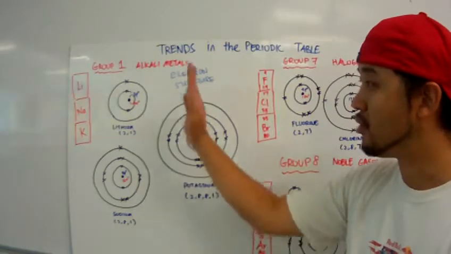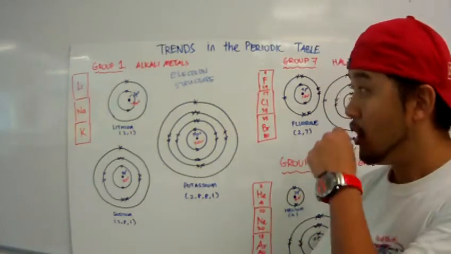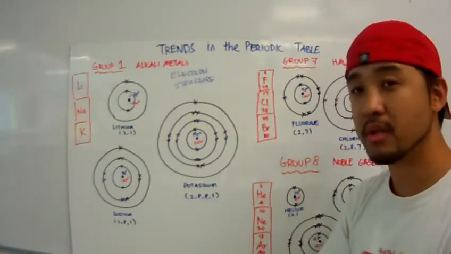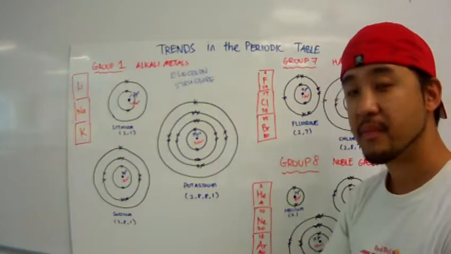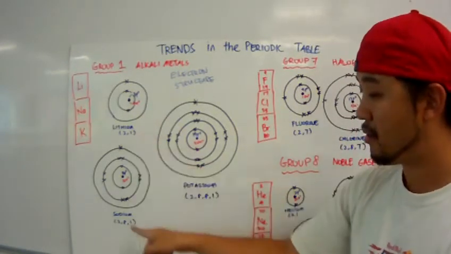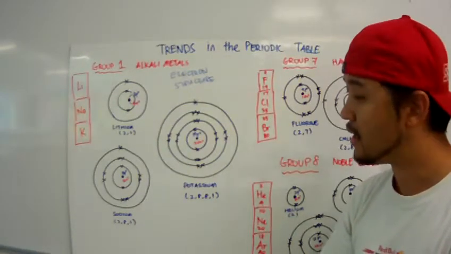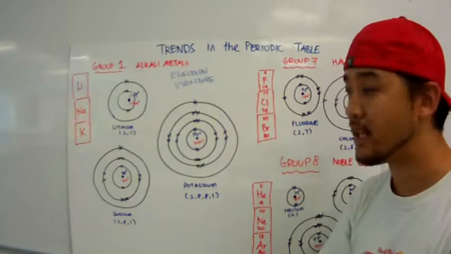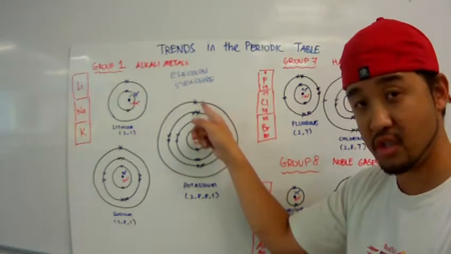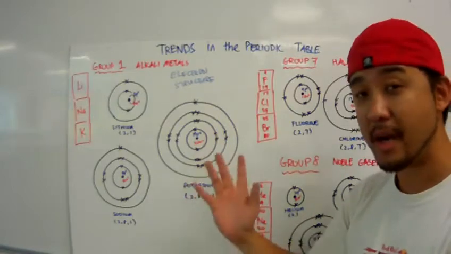Now, if you look at the electron structure of the alkali metals, you will notice they have one similar number: 1, 1, and 1. This tells us that that lone electron in the outer shell is way out there by itself.